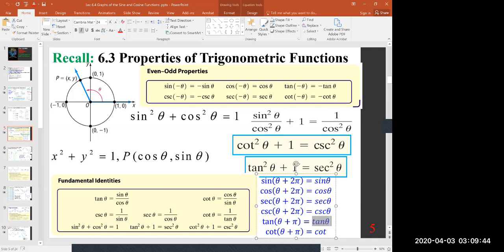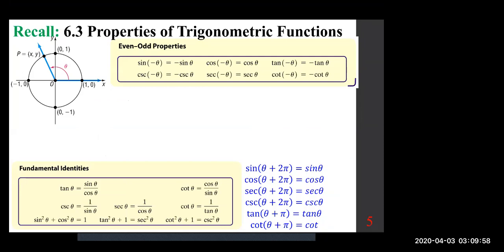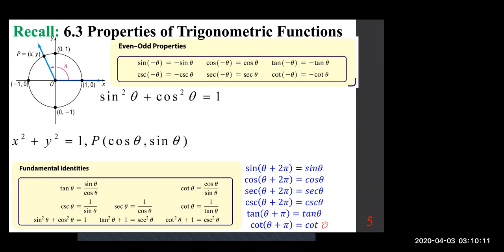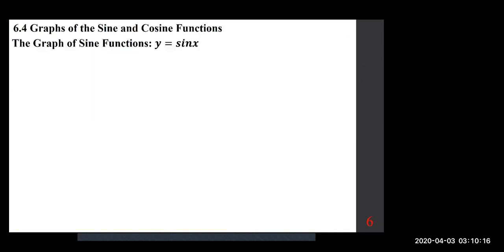Let me put it in slide mode. This is cotangent theta. All right, so that's very straightforward and everything that we have seen before. Let's go to the graph.